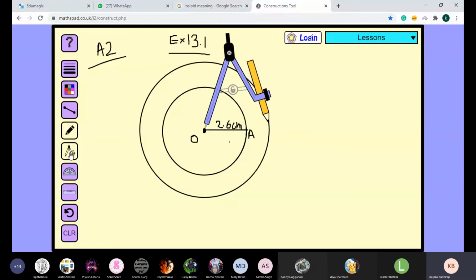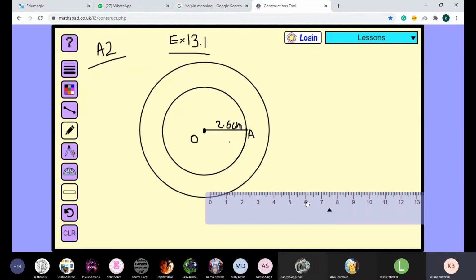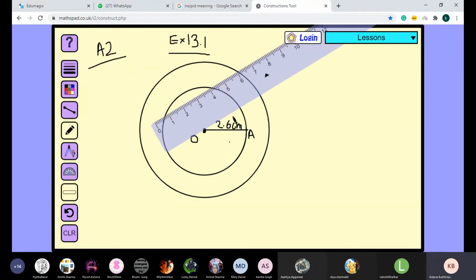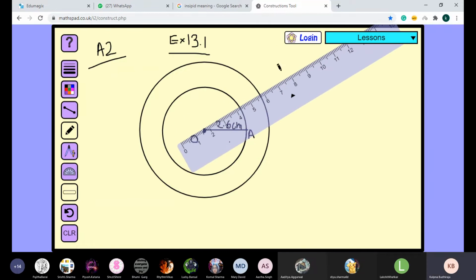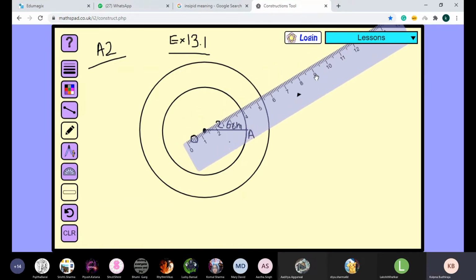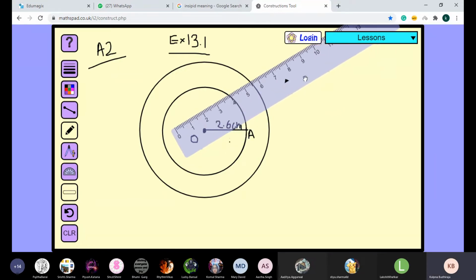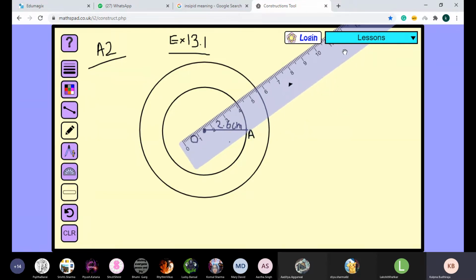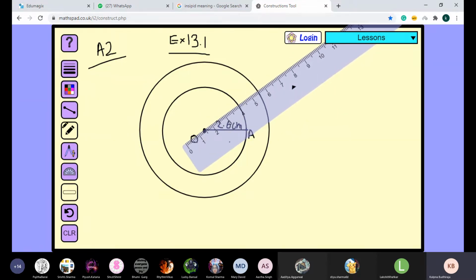Now, let us draw the radius. So, let me take the scale here. So, I am making the radius. You can show 4.1 in this way. So, this way you will draw one line to show the radius for the outer circle.